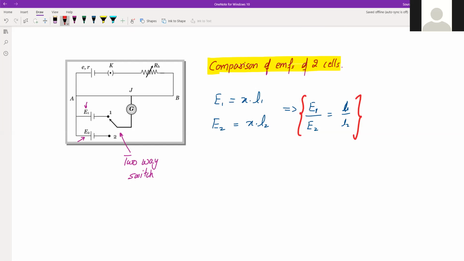Out of E1 and E2 you will have one of the values, so that the other unknown can be found, or you can simply have the ratio of E1 and E2, that is in which proportion, or what is the ratio of E1 and E2, we will be able to get that. Right, so that's how these are the applications of the potentiometer.